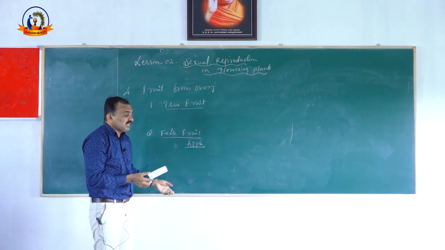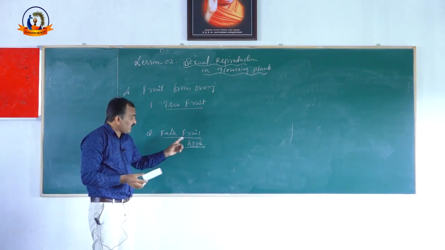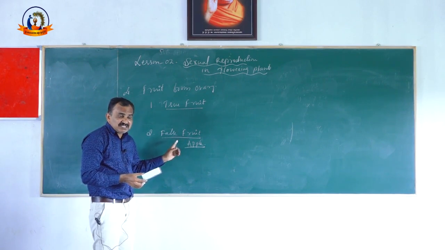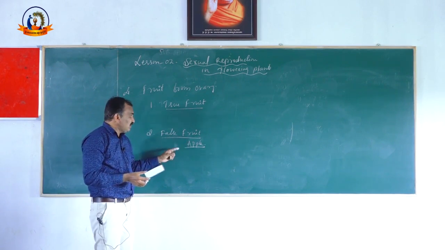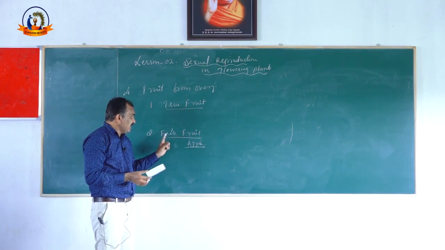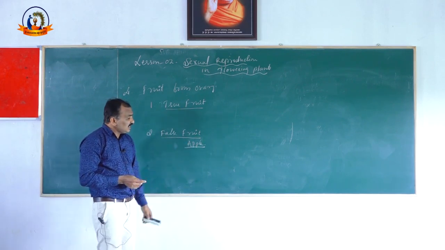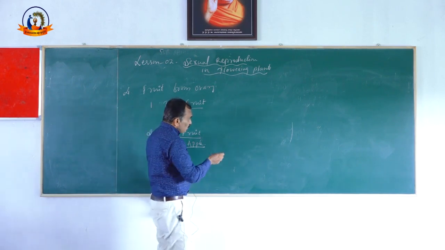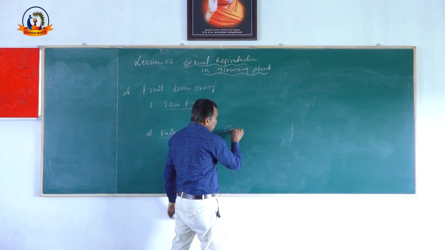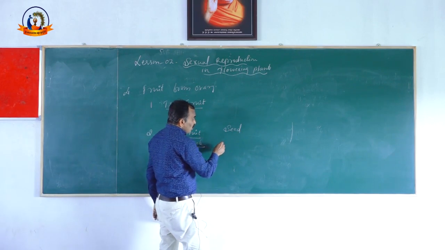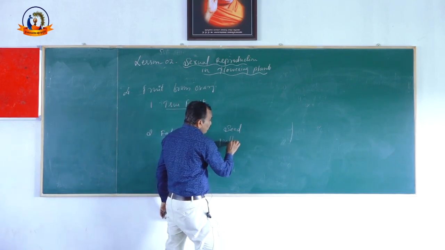From the thalamus, apple is developed. Thalamus is not actually a part of gynoecium, and since the apple is developed from it, it is called a false fruit. Some fruits are developed without seeds. Such fruits are called parthenocarpic fruit.